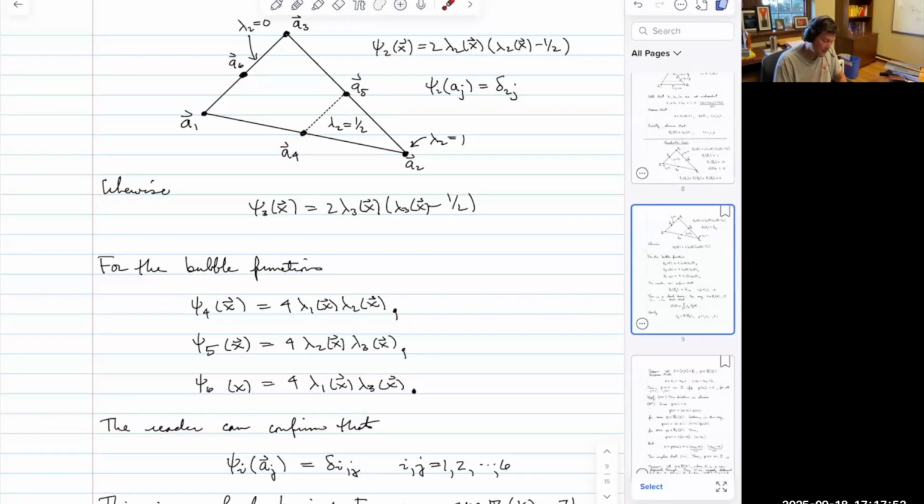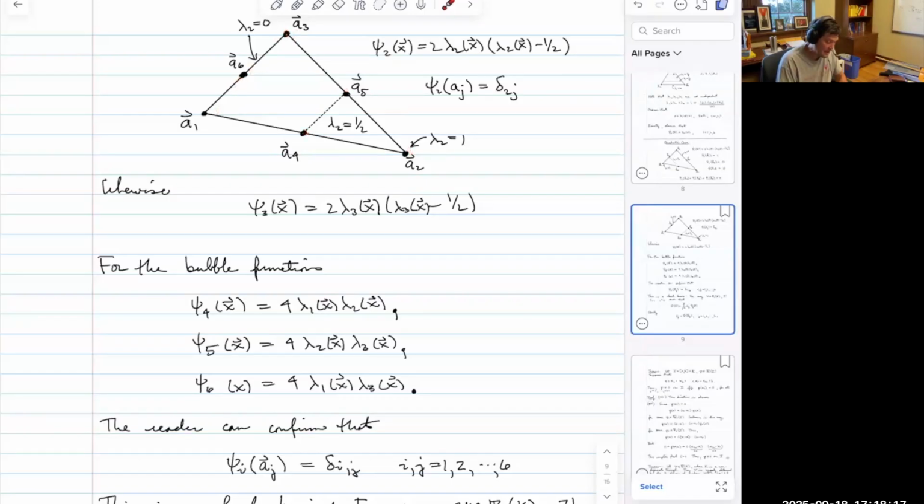What if I put in, let's say, a2? Well, a2 is on the line lambda 1 equals 0. So that guy is equal to 0. Same with a5 and a3. Lambda 1 is equal to 0 at all three of these points. So that takes care of this point, this point, this point, and that point. 1, 0, 0, 0. What about these points here, these three?